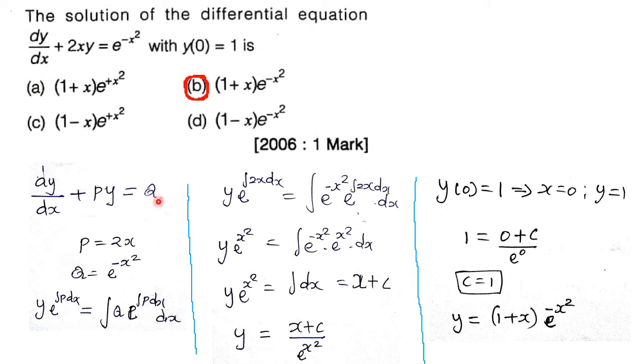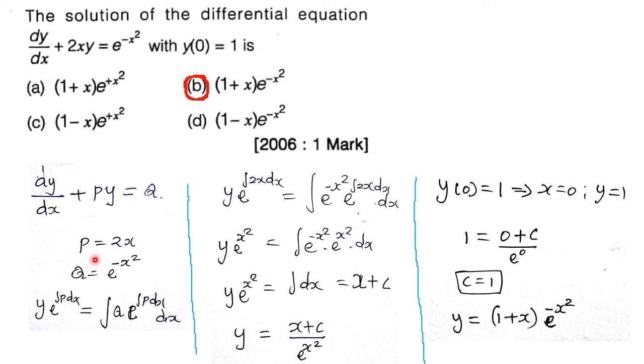Now compare this general equation with the given equation. So here p is equal to 2x, and q is equal to e power minus x square. Now we know the general formula when the solution is y: y into e power integral of p dx is equal to integral of q into e power integral p dx into dx.